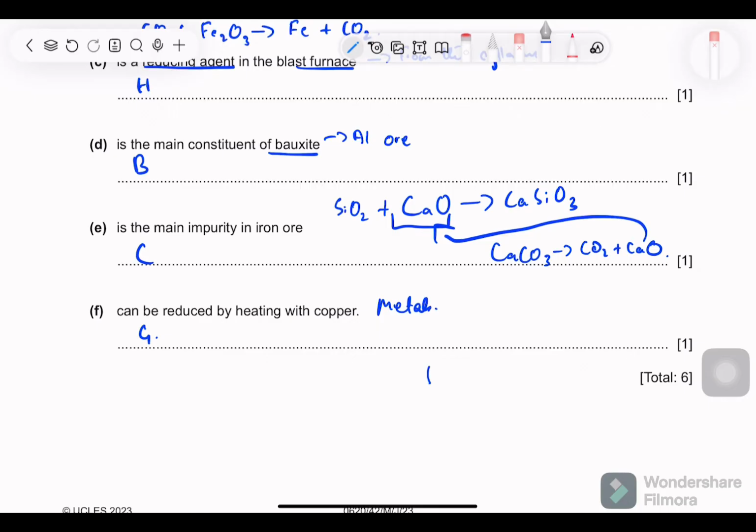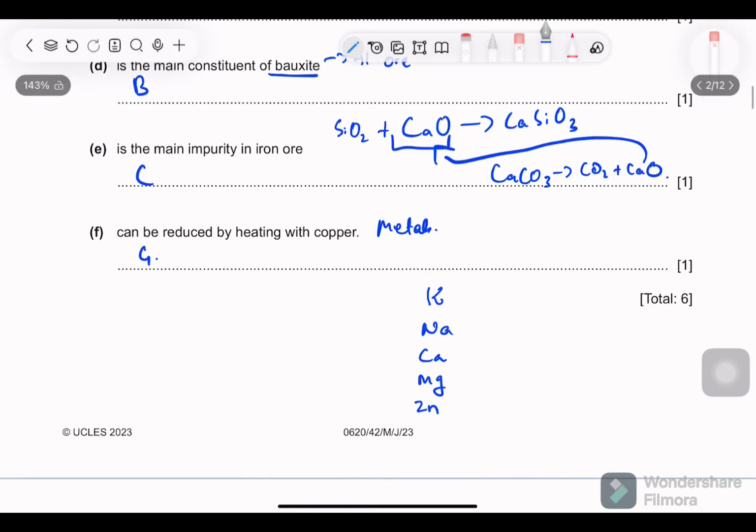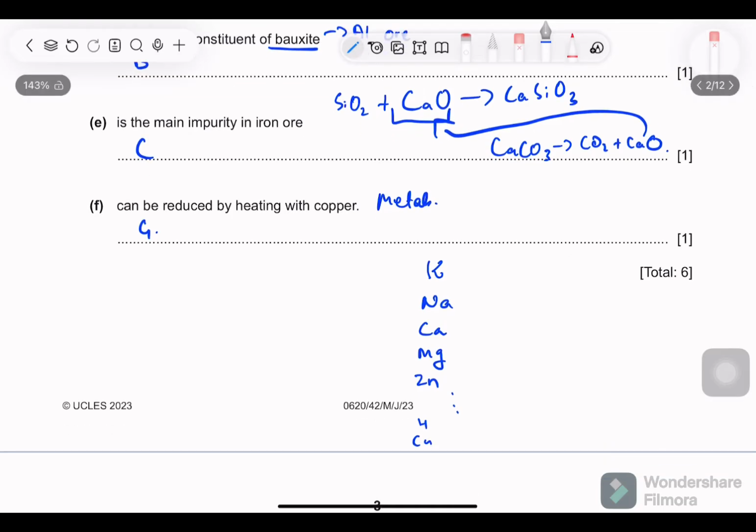For example, we have potassium first, sodium, calcium, magnesium, zinc, and so on. We have hydrogen, then copper, and down at the bottom we have Ag. Not exactly at the bottom, but below Cu. So Cu can displace Ag and can be reduced.